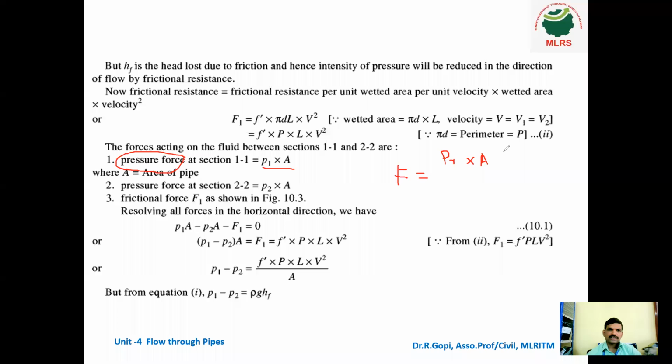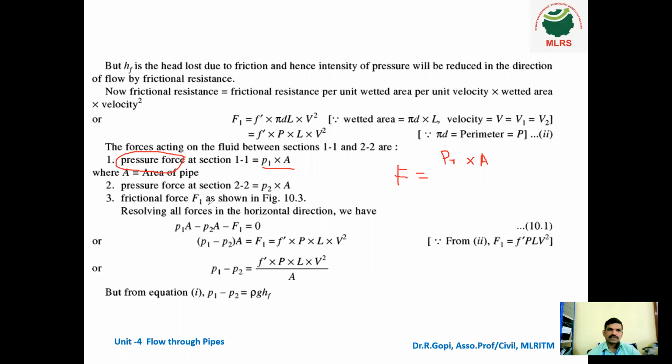Likewise in fluid mechanics, fluid force is equal to fluid pressure into area. Instead of stress, we are using the name pressure. So this is the pressure force acting at section 1-1. Now the pressure force acting at section 2-2 is the same as at section 1-1, that is P2 into area.